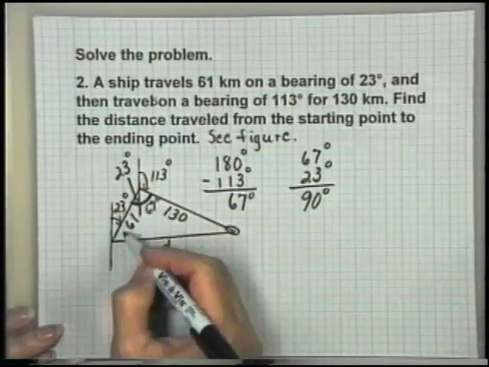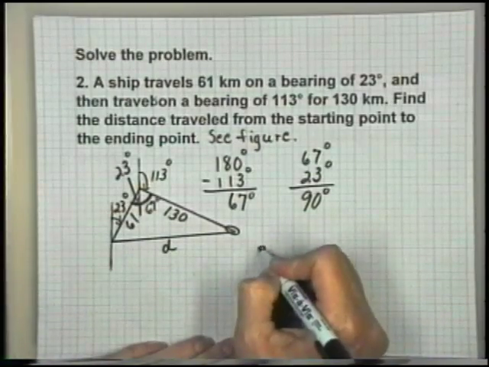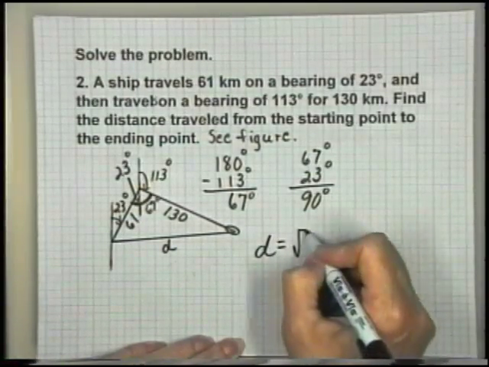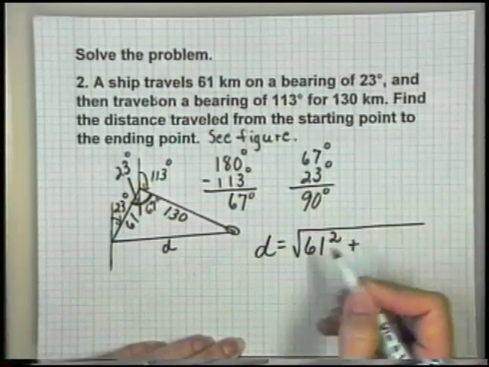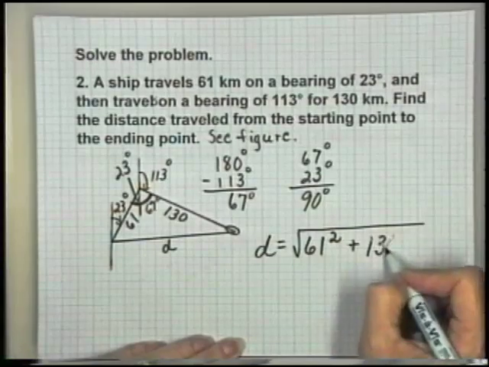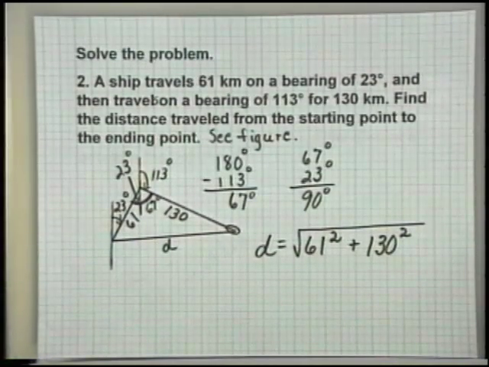How do we find the hypotenuse when we're given two legs? Well, we take the square root of 61 squared plus 130 squared.